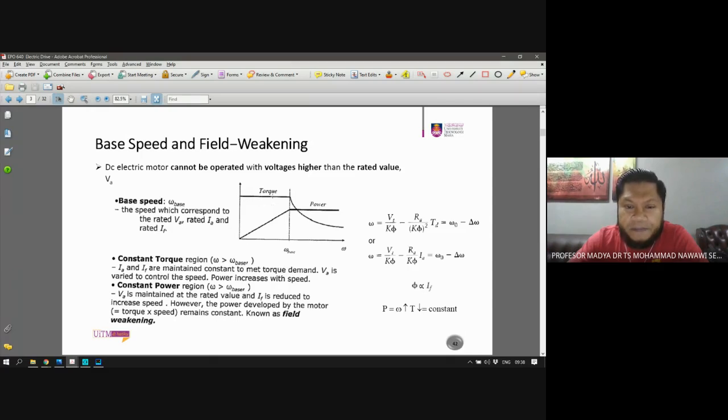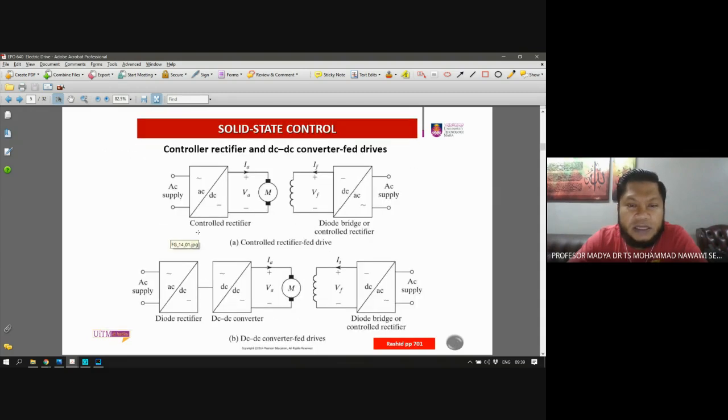Then we also have constant power operation, where the torque is reduced but the power is constant. Okay, and then there you are, controlled rectifier.